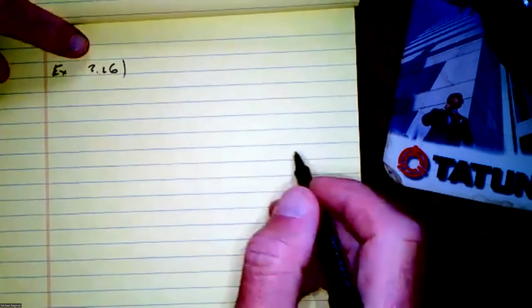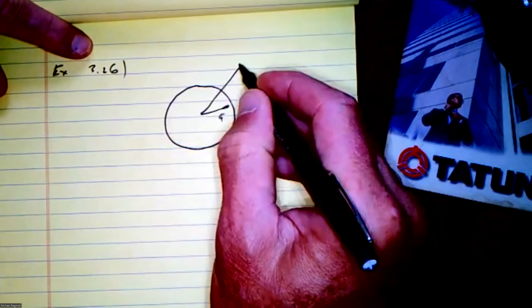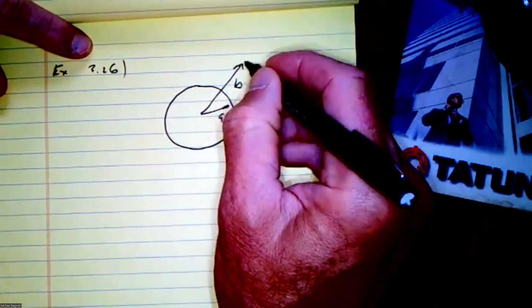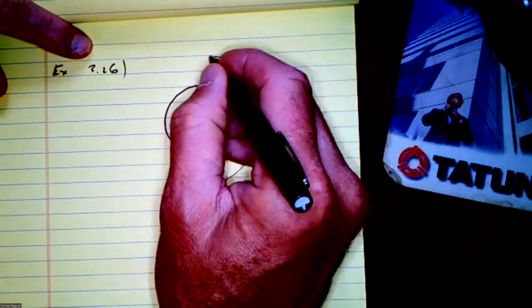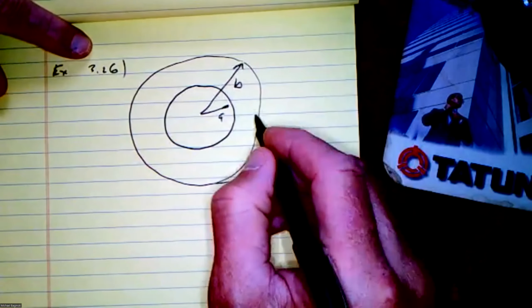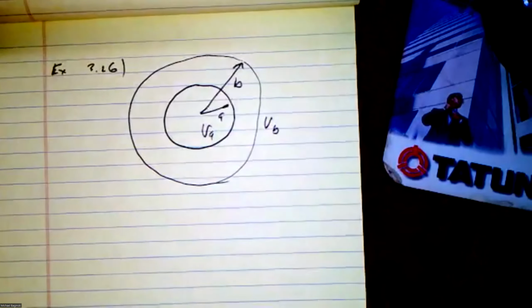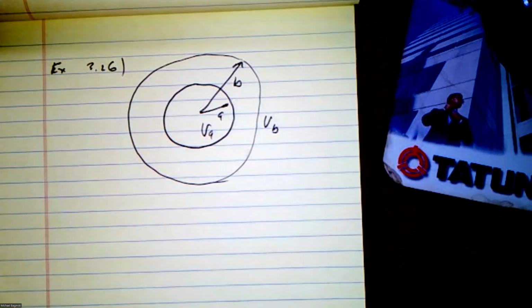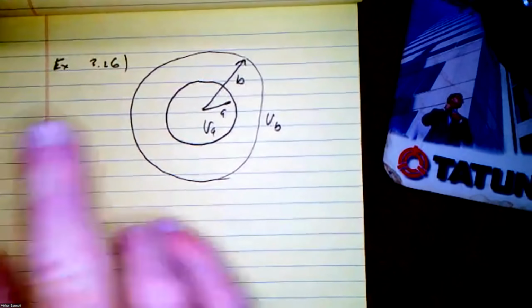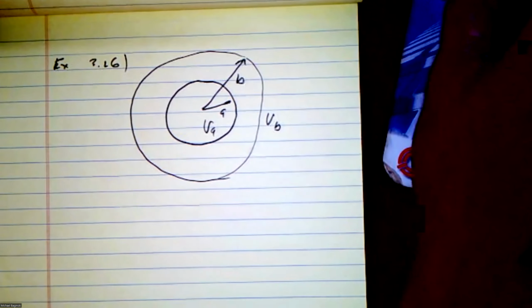And really what he's showing you is some inner radius A, some outer radius B. These are spherical. And the difference between the two, this would have some VA, this is some VB. You all with me, class? You all still there? I can't even see who's here. Yeah. All right, good.